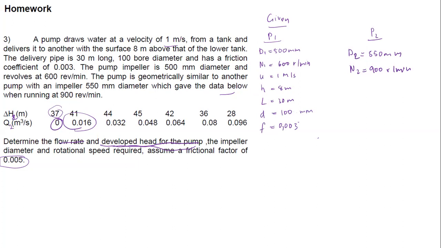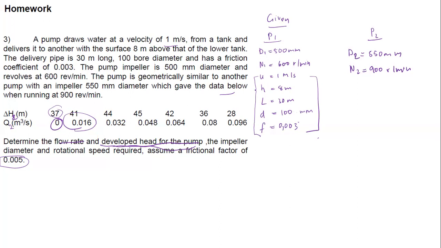The delivery pipe is 30 meters long. It has the length of that pipe, number one. Number two, it has the diameter, and then it has the friction coefficient of this value. So using this information only, U, H, L, D, and F, they're going to help us to determine the head loss of pump number one.